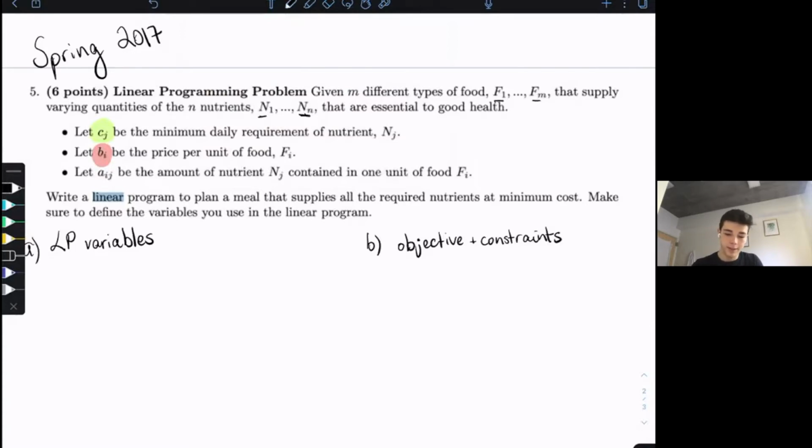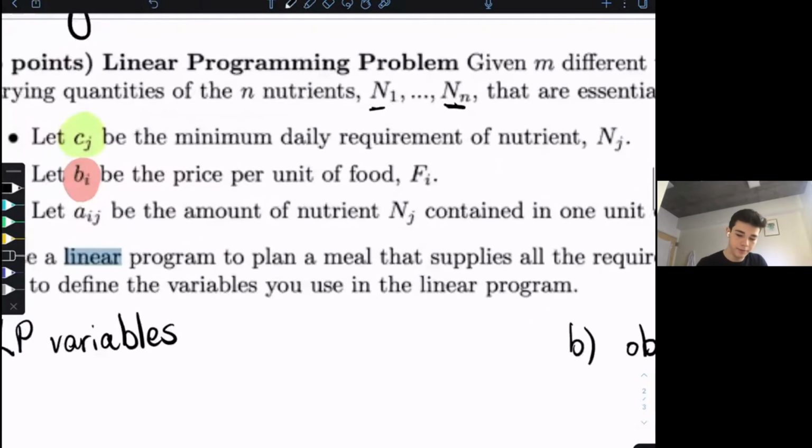Okay, and so I guess the first thing you should do when you look at this problem is spot what you think will be the objective and what you think will be the constraints. So from here, we can see that we're looking for the minimum cost. So Bi is going to be involved in our objective.